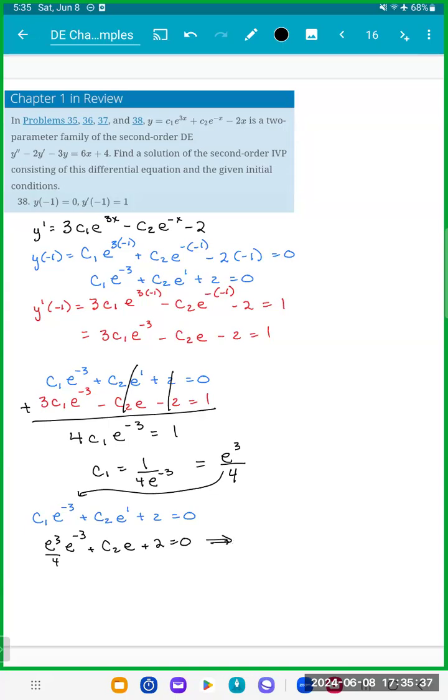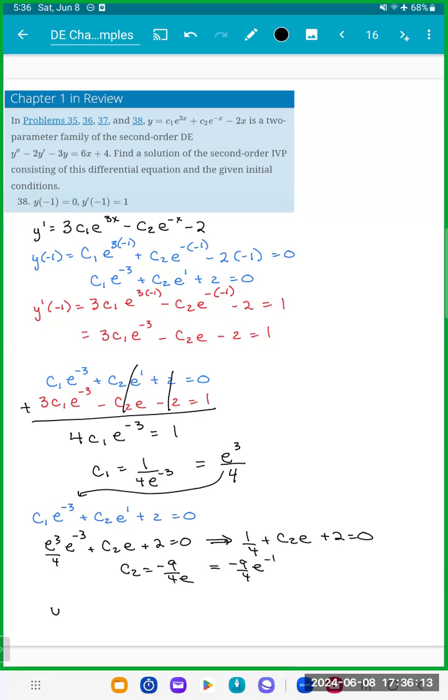Let's simplify that a little further. The e cubed times e to the -3, those cancel out because 3 minus 3 is 0. So that leaves me with 1/4 plus c2 e plus 2 is equal to 0. Therefore, c2 is equal to -9 over 4e, which is the same as -9 over 4 e to the -1, just bringing that e up into our numerator.